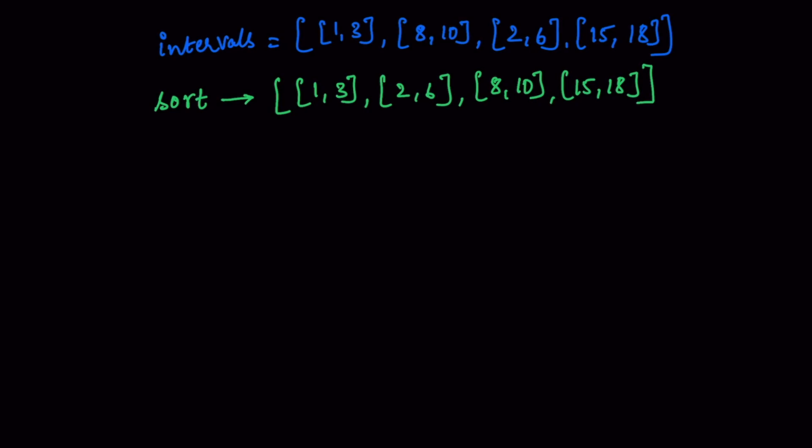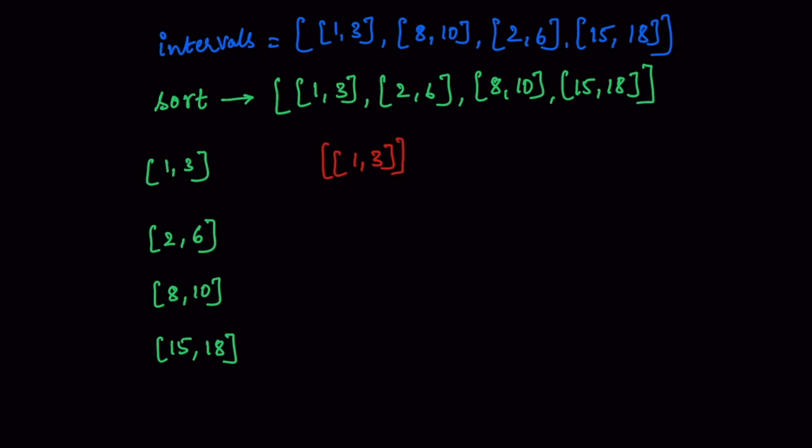Now let's look at how the merging of intervals is performed by considering the three scenarios as explained before. The first step is initialization of the merged intervals. We'll initialize a list with [1,3], which is essentially the first interval in the intervals list. Then we compare the next interval with the existing interval in the result.